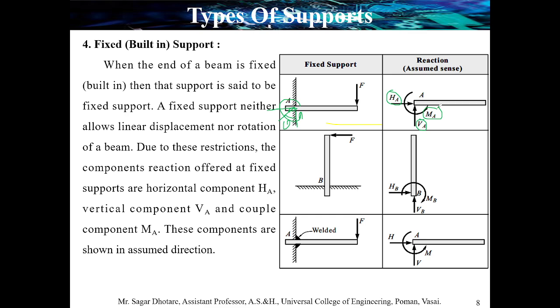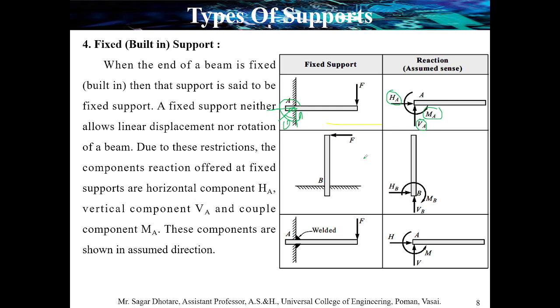So for a fixed beam, or fixed support, three types of reactions occur: the horizontal component and vertical component of the angular reaction, and second, the moment of rotational motion. You can see the fixed support in three different ways in examples.